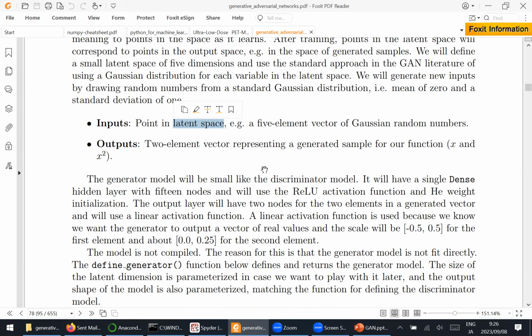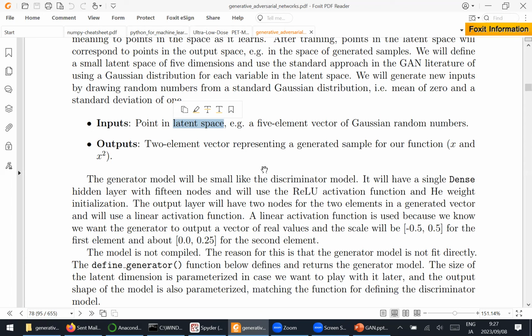What is a random number seed? It's just a number. If you input it into your random number generator, it will output another number. It's always the same. It's not really random. It's a mathematical function, so it's determined. So I think of latent space as just a vector of random number seeds.